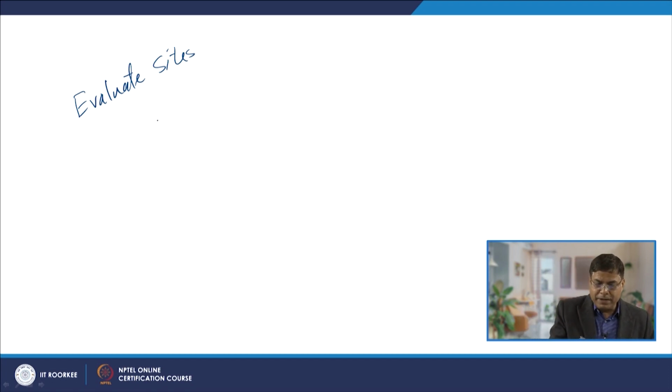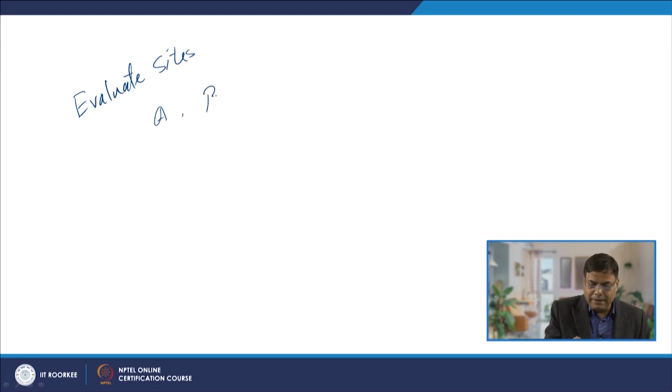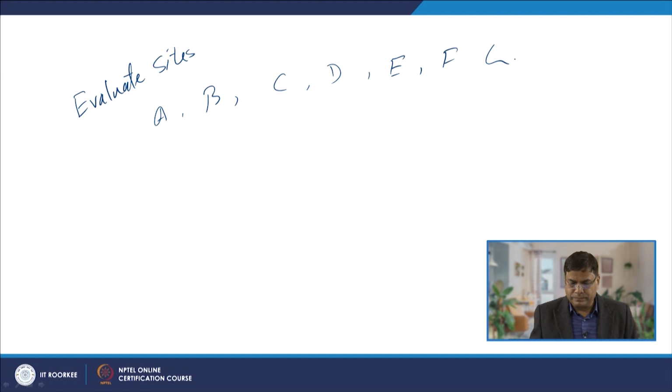Let us say there are 5, 6, 7 potential sites where the plant can be located, like sites A, B, C, D, E, F, G. Out of these sites, say D and F are the potential sites where we can locate the plant.